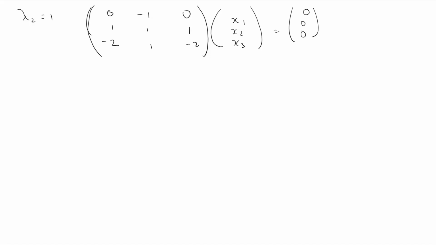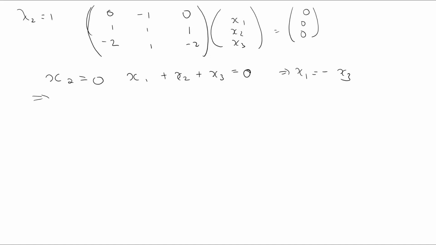And again, we just play around and find what we've got in combinations of x1, x2, and x3. And we get this one, and that allows us to find that x1 is equal to negative x3.